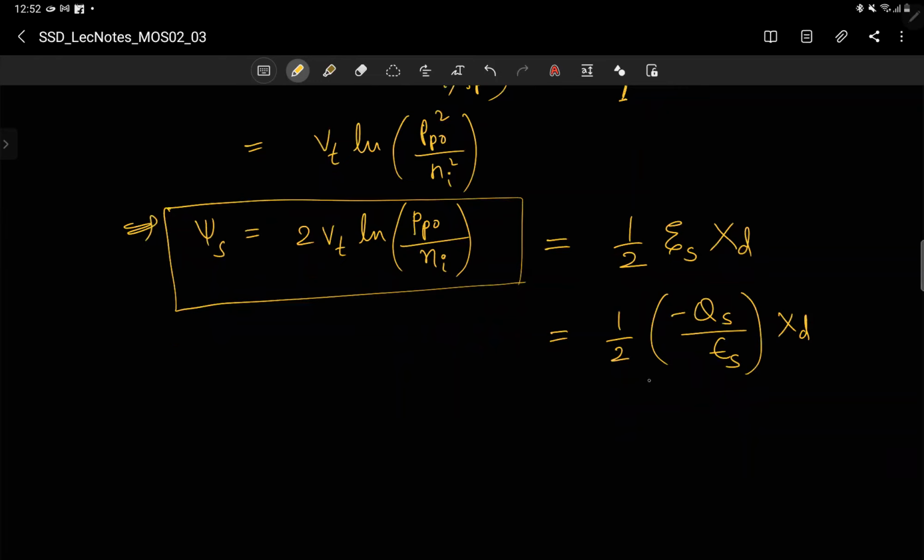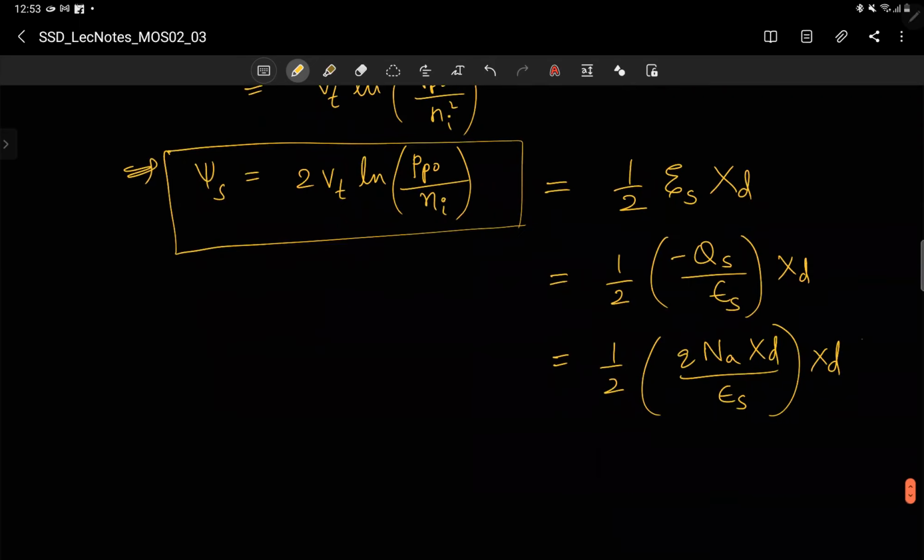and Qs is minus q Na xd. We have seen that, so it will be q Na xd by epsilon s into xd. So you will have xd square, which implies xd equal to root of 2 epsilon s psi s by q Na.